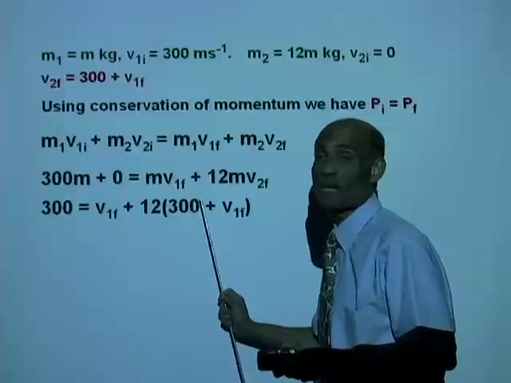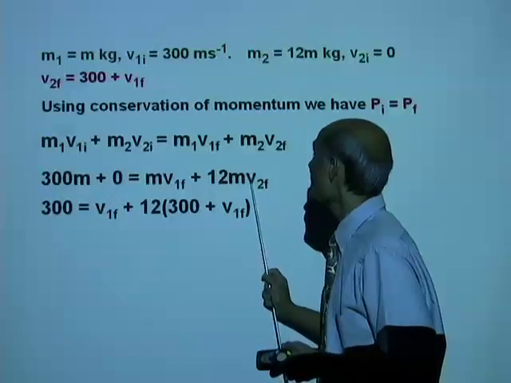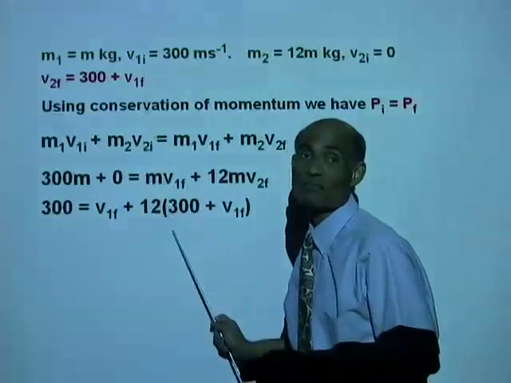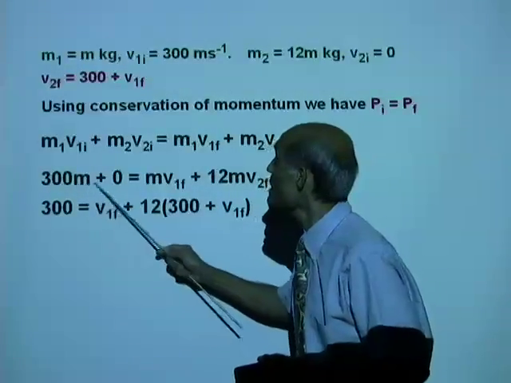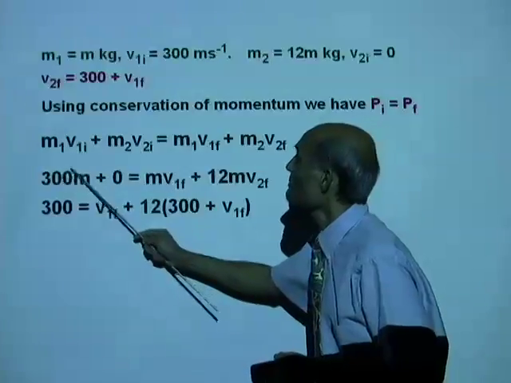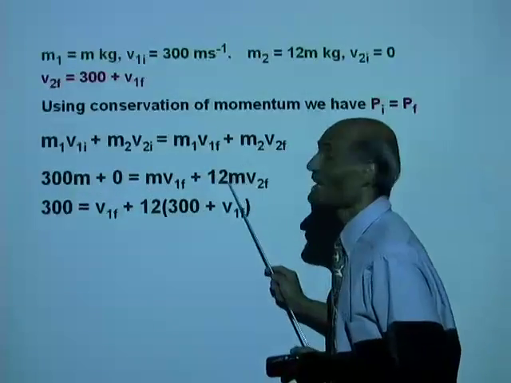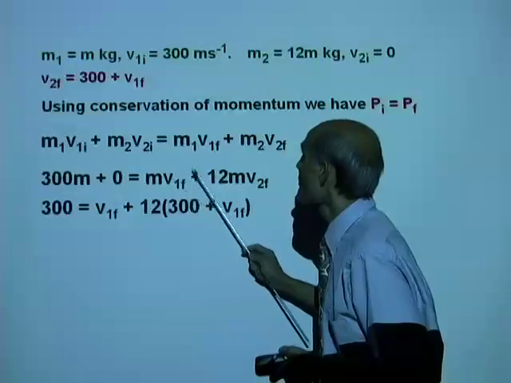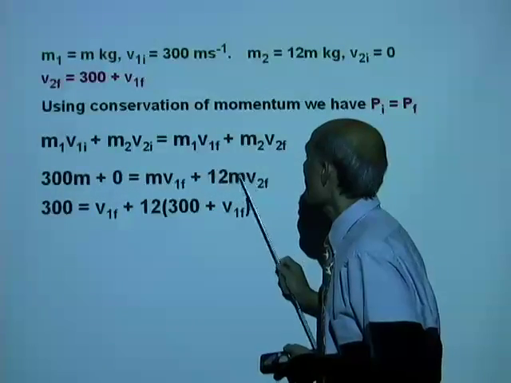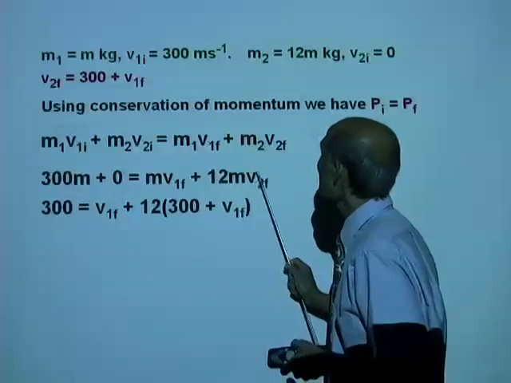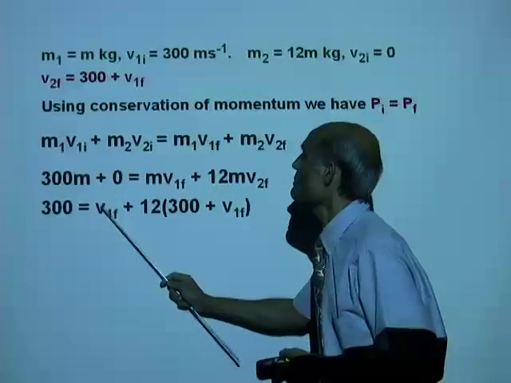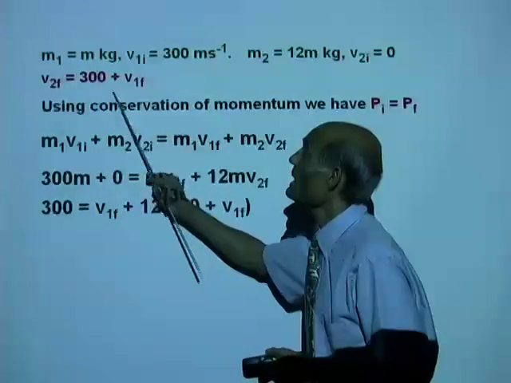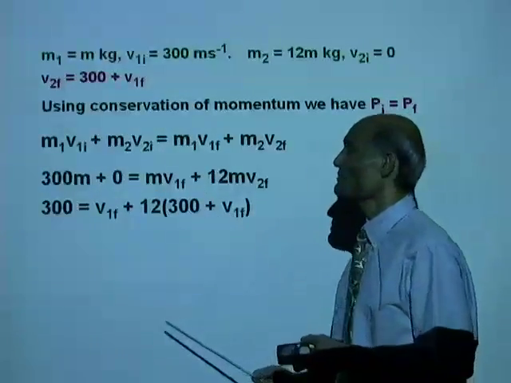Now look at the way I have done here. This V2F has been replaced by 300 plus V1F. So V1F plus 12 V2F has been replaced by V1F plus 12 times 300 plus V1F.